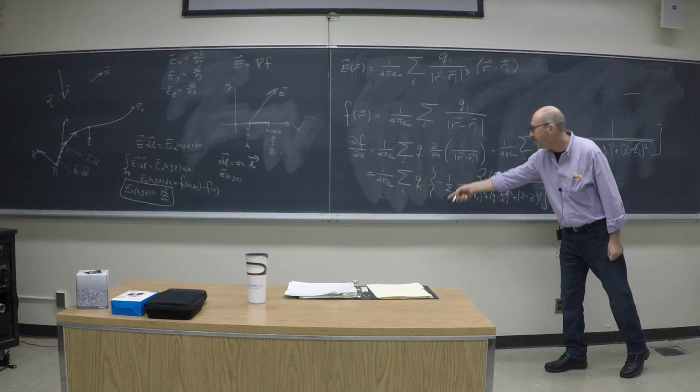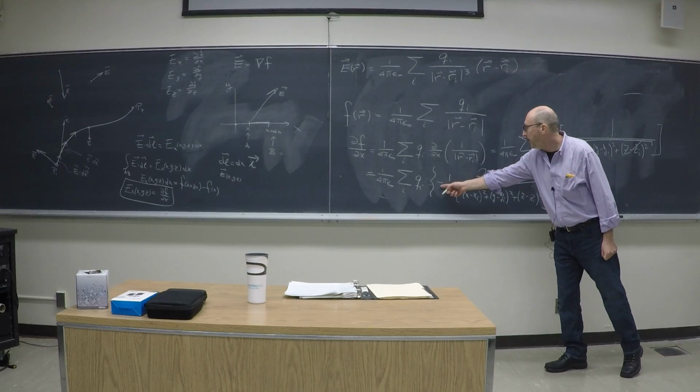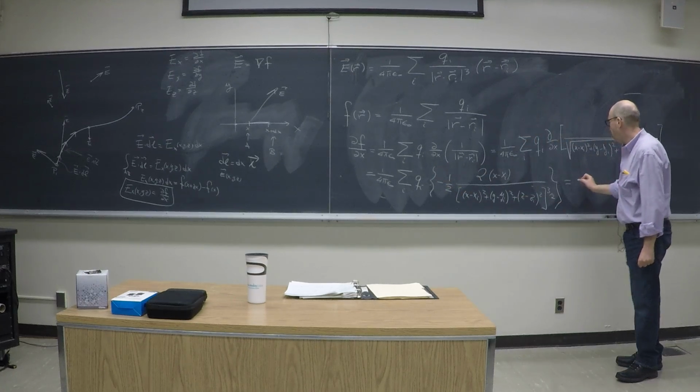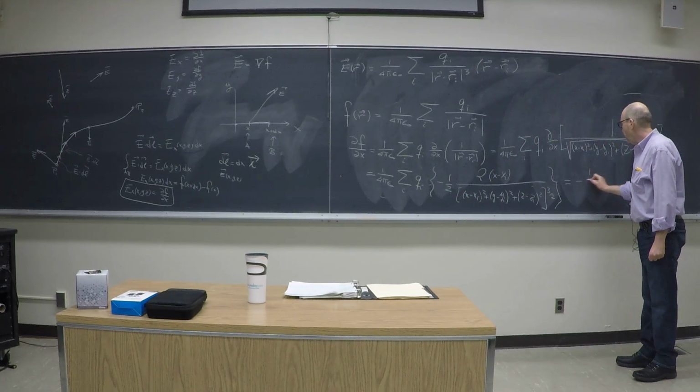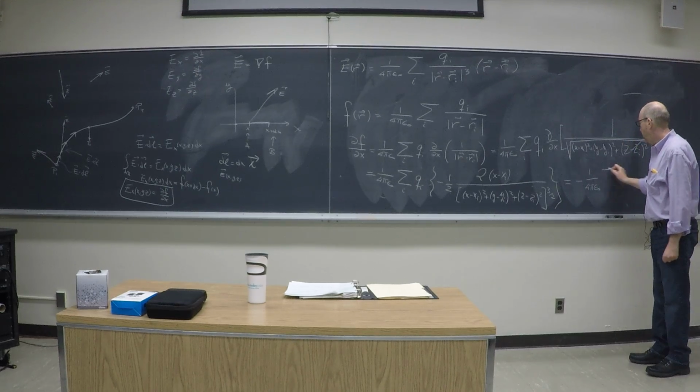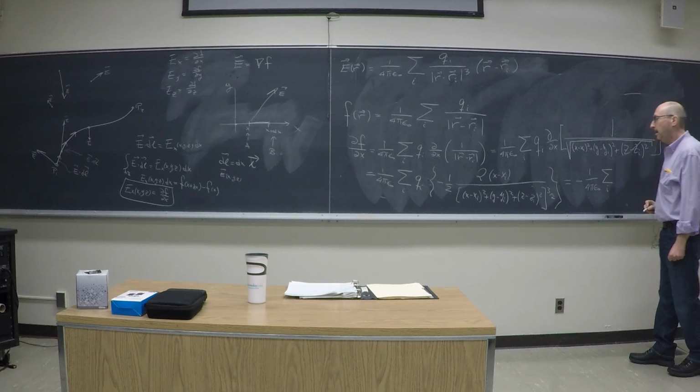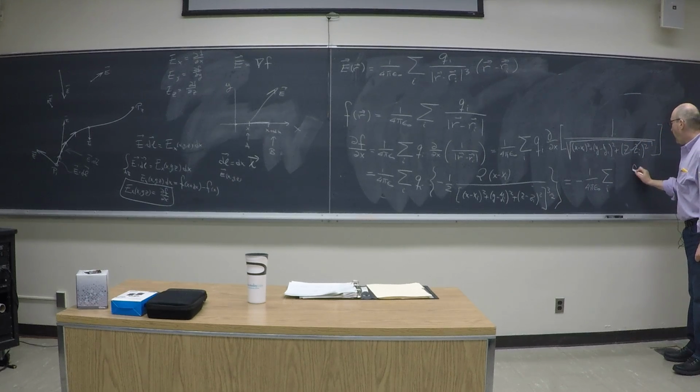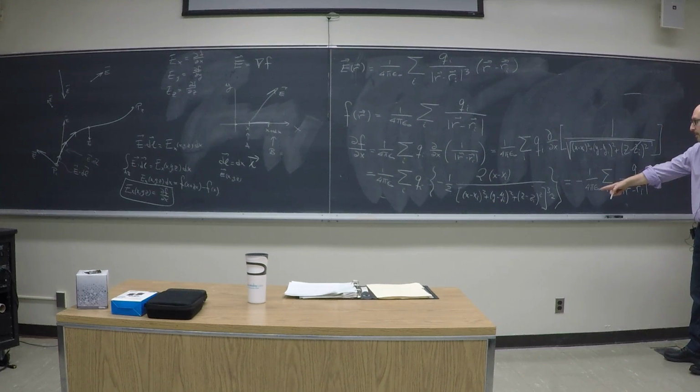So the 2's cancel out, and there is an extra minus sign, so we get a minus 1 over 4 pi epsilon 0 sum over i of qi over |r minus ri| cubed. That's what it is at the bottom. And then we get an x minus xi.